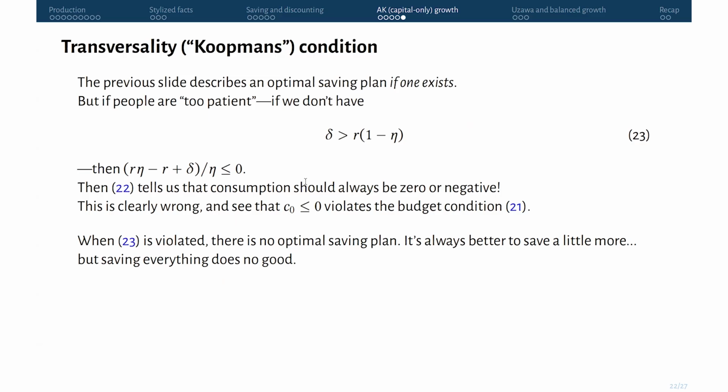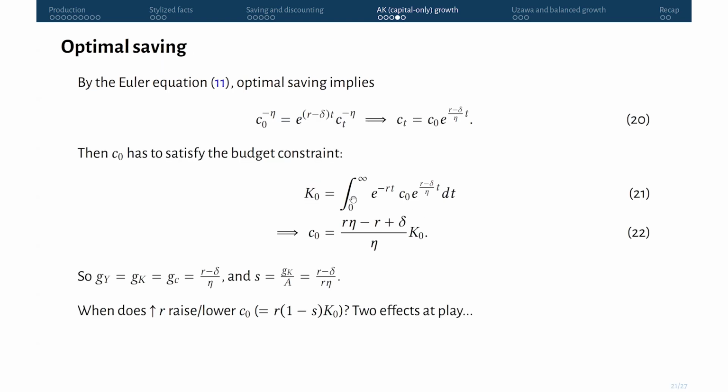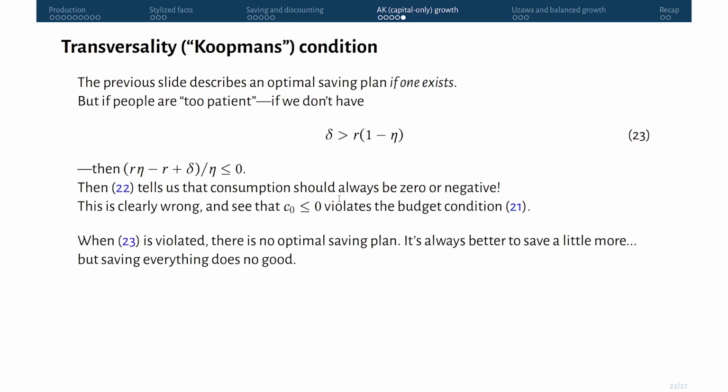And that's clearly wrong. In fact, you can see that it's wrong just from the fact that consuming 0 or negative forever will violate the condition that you consume your budget.